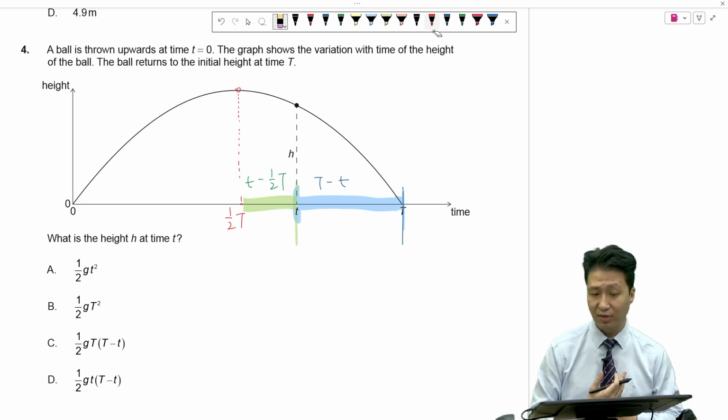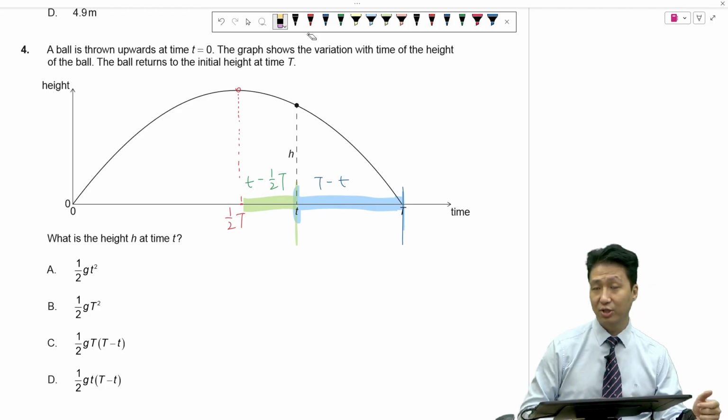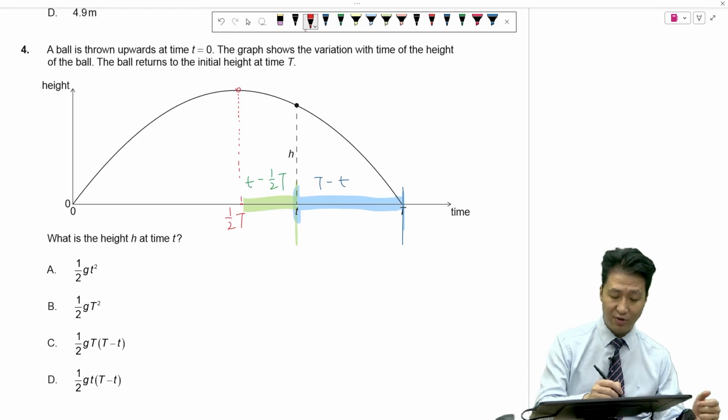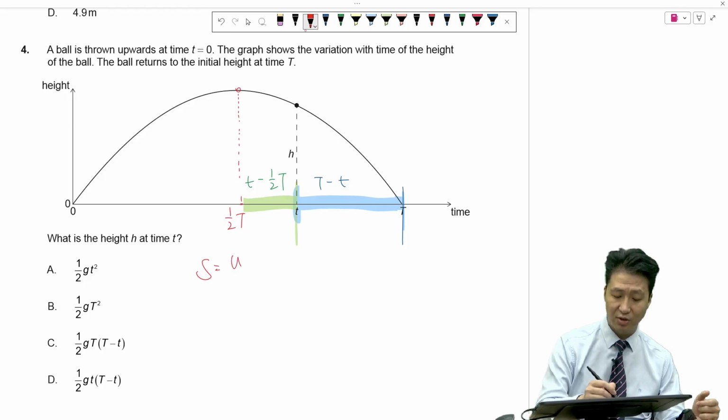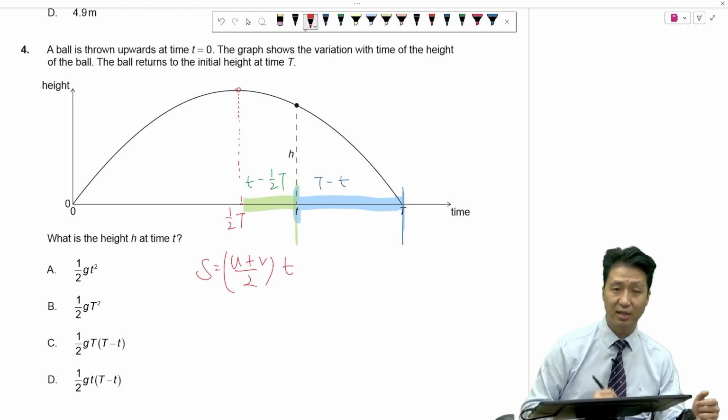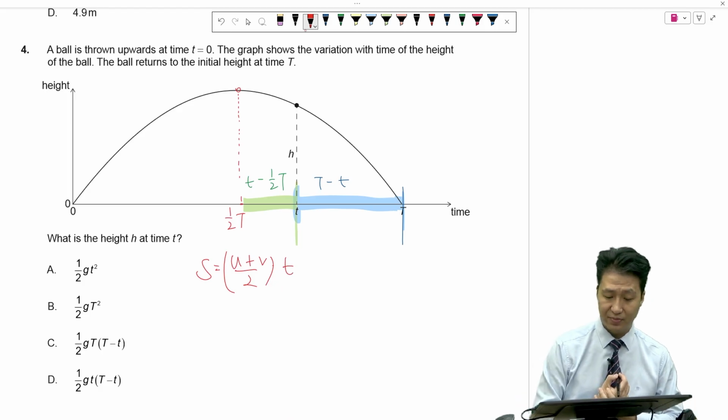So there are several ways to solve this question. We're going to just talk about two of the major ones. The first one is you can use the SUVAT equation where displacement is initial velocity plus final velocity divided by 2, and this is the average velocity multiplied by the time it takes. Now, let's define what we're talking about here.